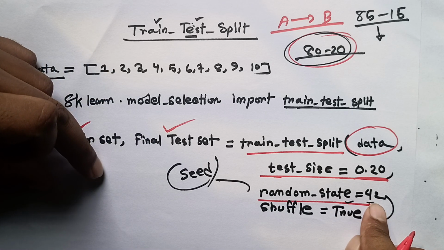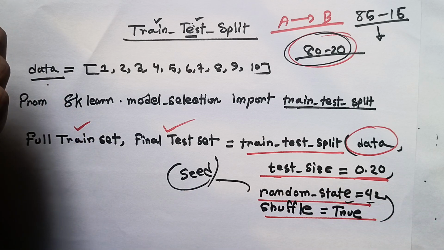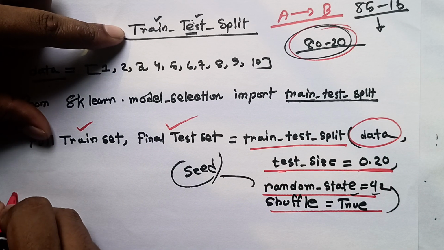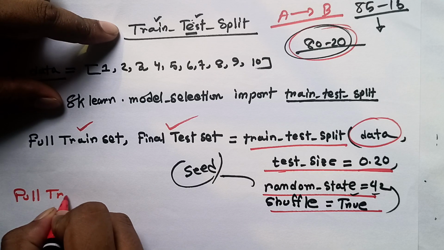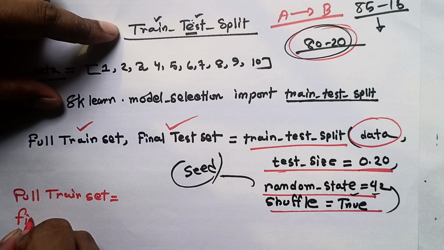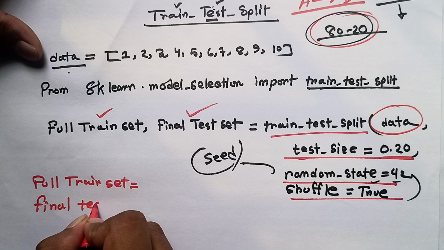The shuffle is true by default. If you do not want to write it, you don't need to. So after running this command, I will find the full train set and the final test set.